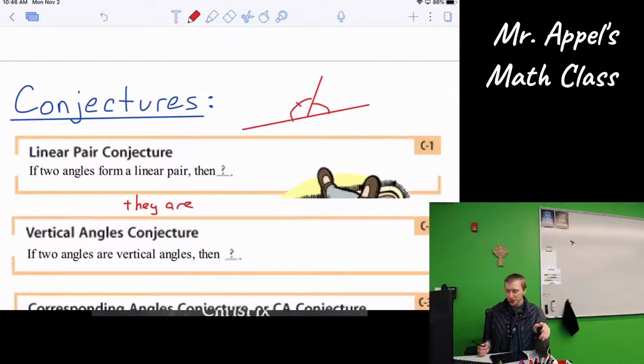Chris is the only one that knows? We actually looked at an example of these last week. I guess that would be Tuesday, I think, when we went over all the types of angle relationships. I mentioned one of them.